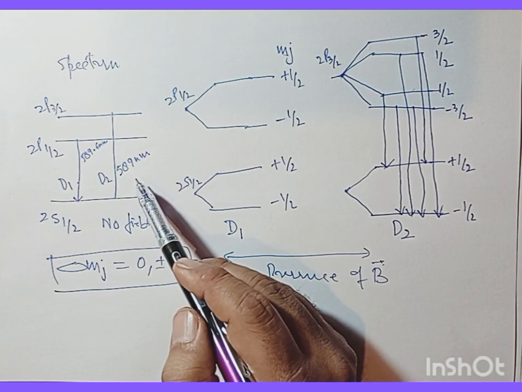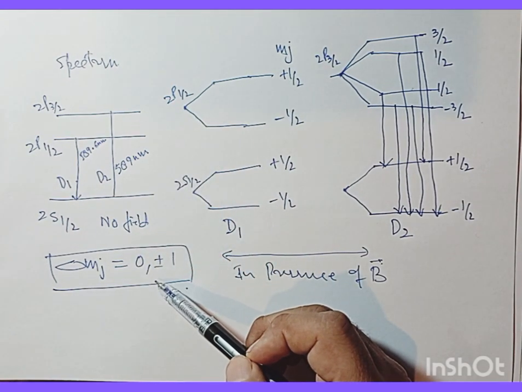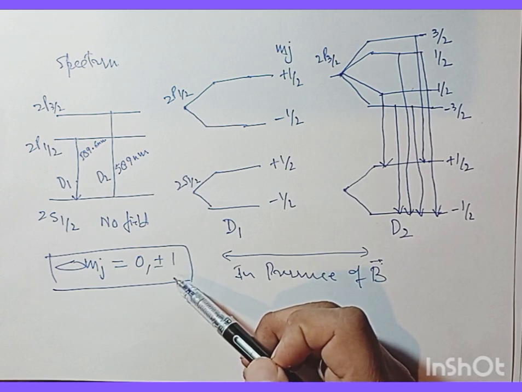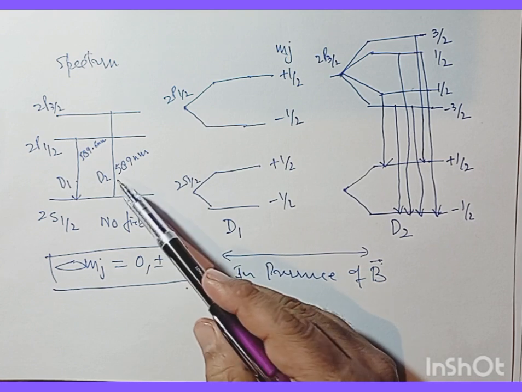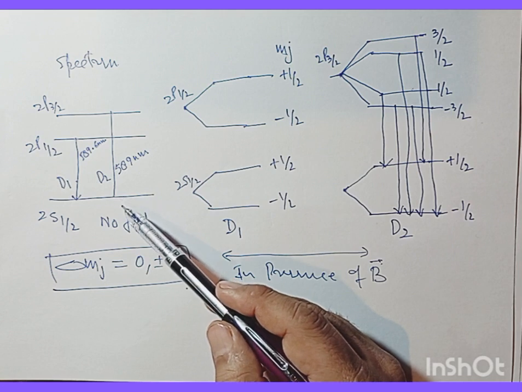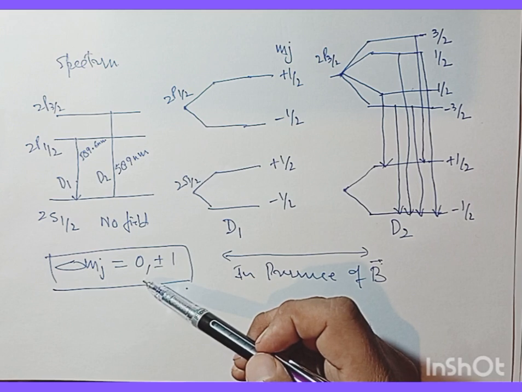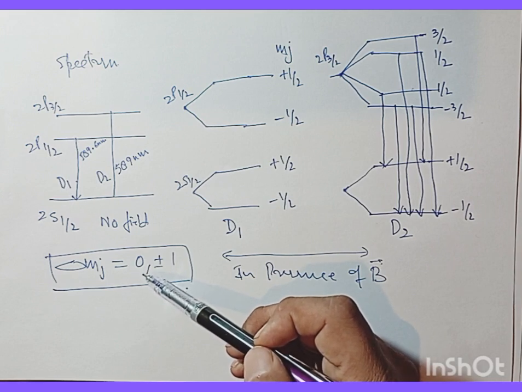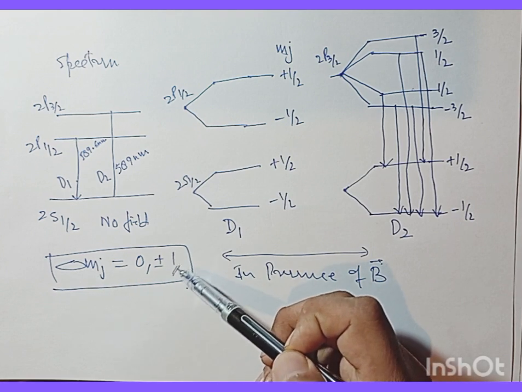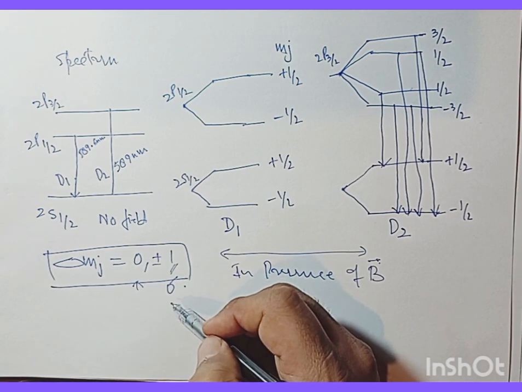But the selection rule, delta mj is plus minus 1 and 0, forbids two of them, and only six transitions are allowed. Hence this D2 line is split into six components. Delta mj equal to 0 gives rise to the pi components, while delta mj equal to plus minus 1 gives rise to the sigma components.